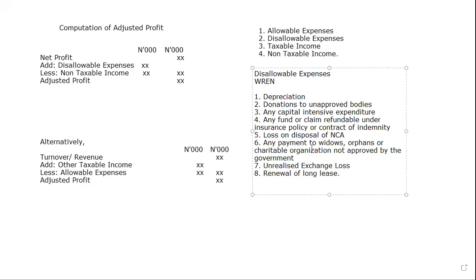Any payment to widows or orphans still boils down to donations to unapproved bodies. Then we have unrealized exchange loss, and renewal of long lease. All of those items are disallowed. By the time we start looking at questions, we will get many more of them. Are we together?